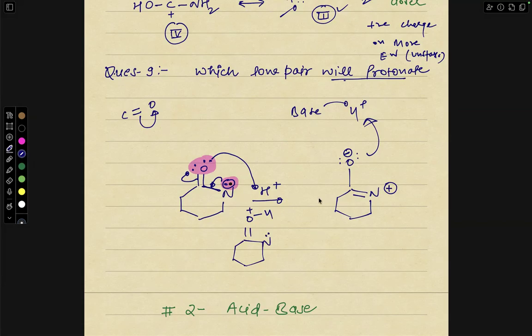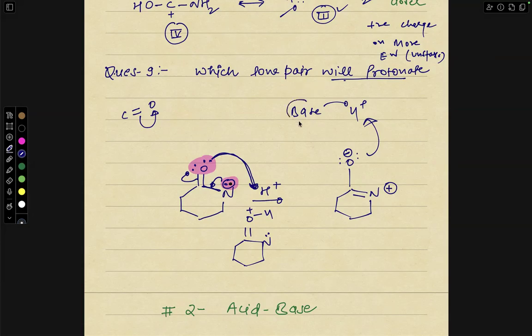This is the protonation step. It makes sense? The arrow should start from the lone pair of the oxygen to the proton. Clear? So the lone pair with no resonance is the one. Yes, of course. Why?